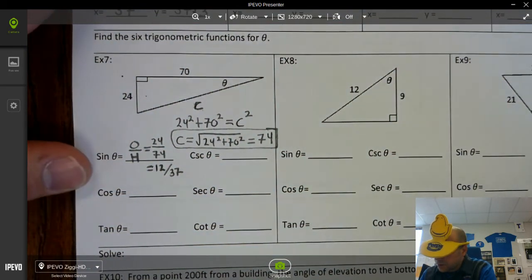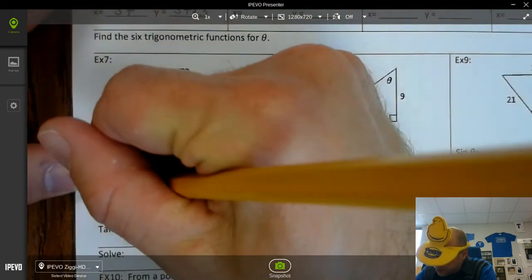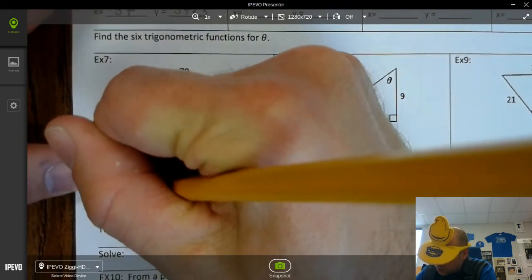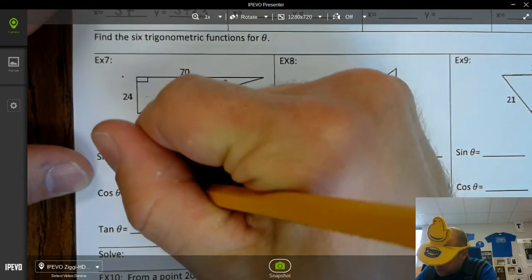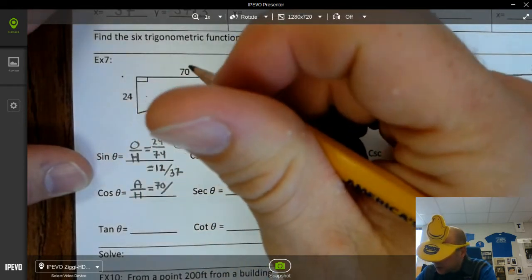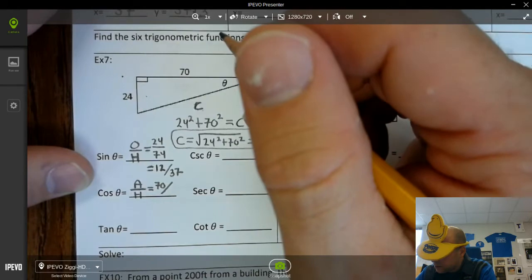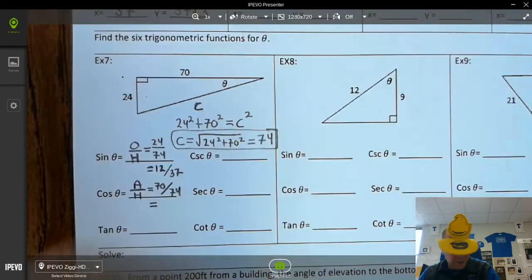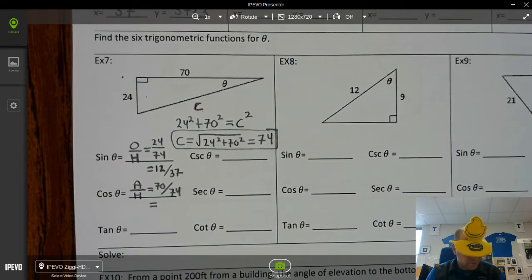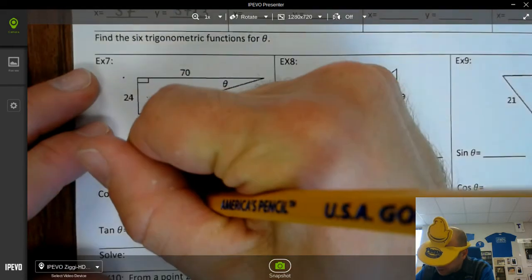All right, now cosine of theta is adjacent over hypotenuse, which is 70 divided by 74, which reduces to be 35 divided by 37.